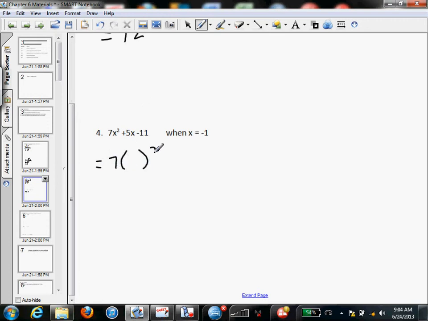7, open up parentheses, squared, plus 5. Let's open up parentheses and close them, minus 11. All we did was just write out the expression, replacing the x found in each with an open set of parentheses. And now it says when x is -1. So in each of these parentheses, let's write a -1 in its place.